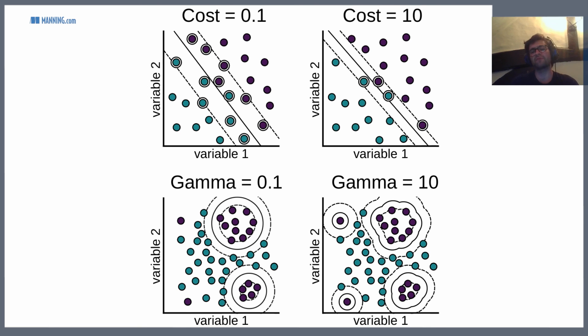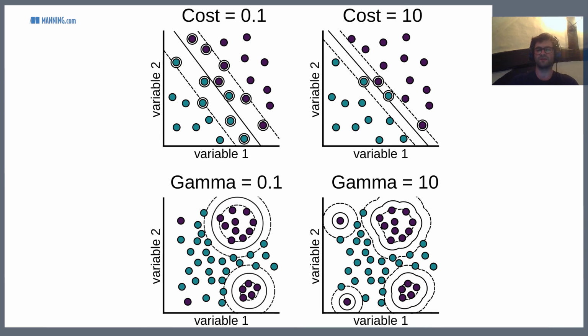The gamma hyperparameter kind of controls how attention-seeking each individual case is in the data set. So if you increase the value of gamma, then every case in the data set is kind of jumping up and down and shouting, "Me, classify me correctly." Whereas if you set this low, then each case is much less attention-seeking.